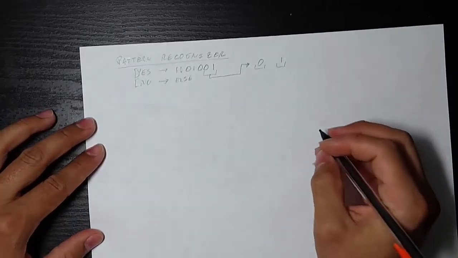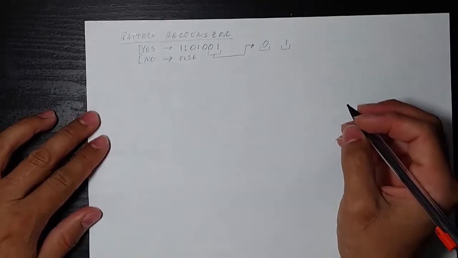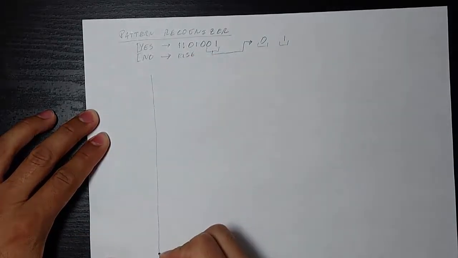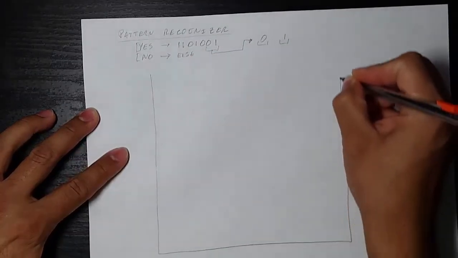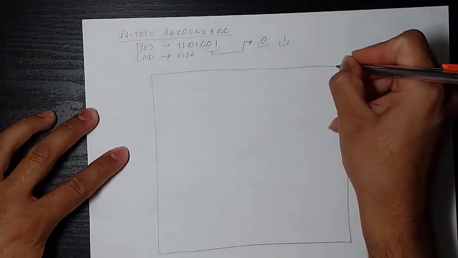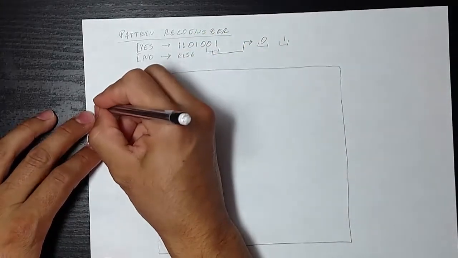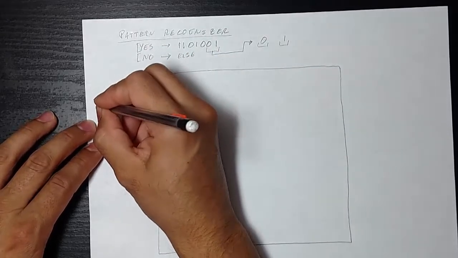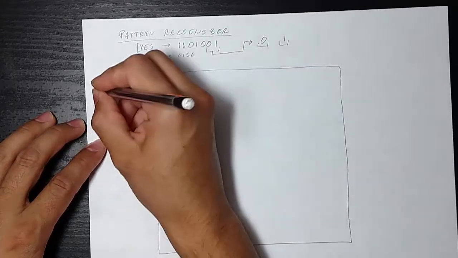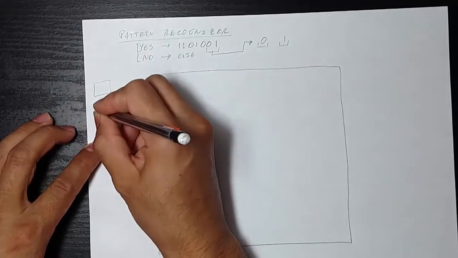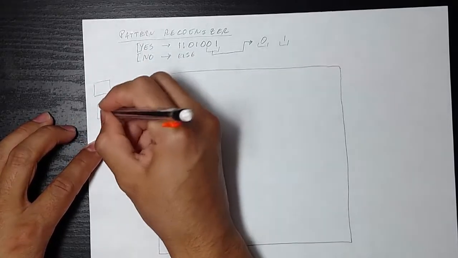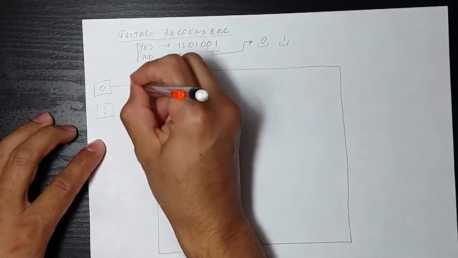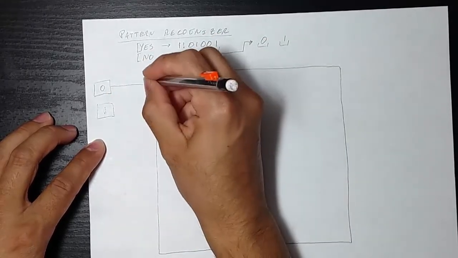So one approach that we can use is, let's say, this is our system, and we have two inputs right here, 1 and 0, getting into our system.